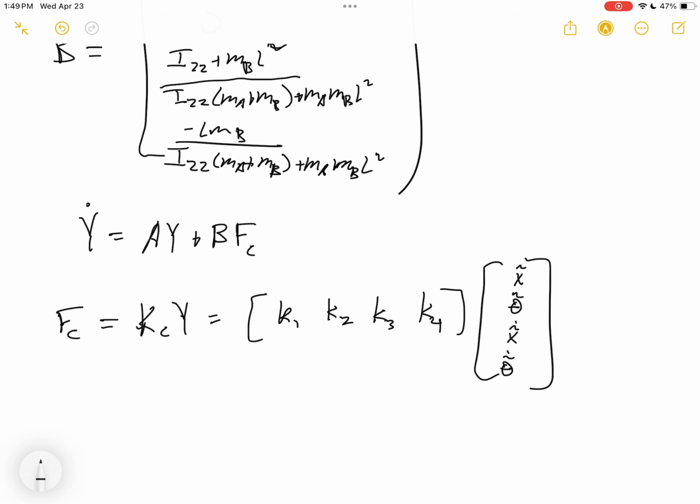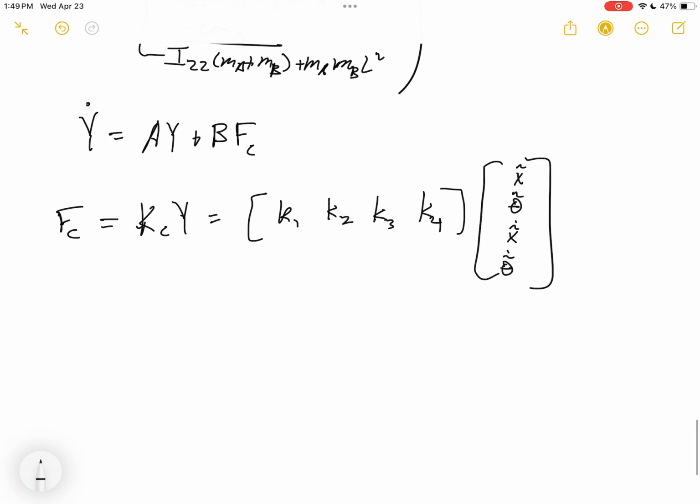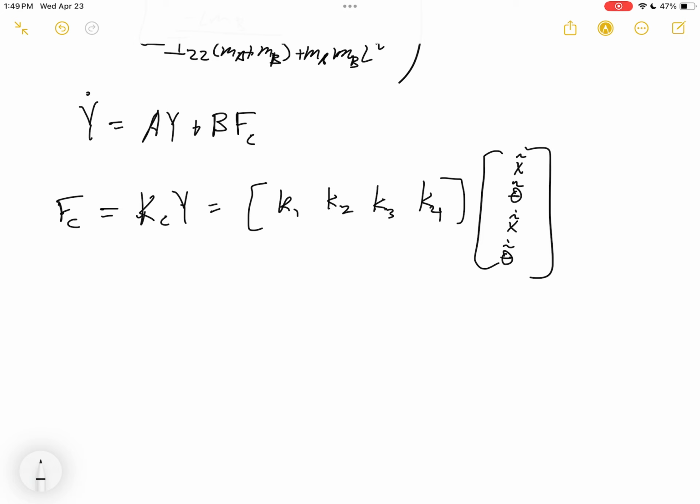And if we multiply these together, this turns out to be a 1 by 1. It equals K1 x tilde plus K2 theta tilde plus K3 x tilde dot plus K4 theta tilde dot.